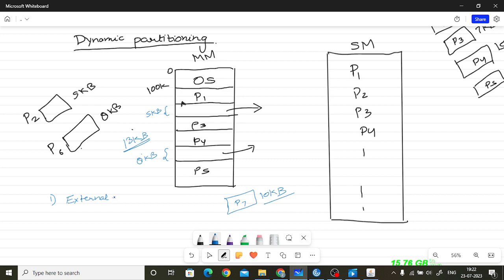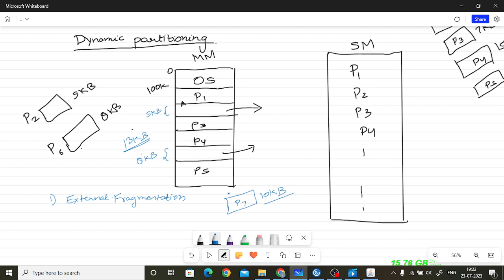So what is external fragmentation? I have just explained. External fragmentation is a condition in which we have that much free space in our main memory, and a process of size less than that free space is there, and we have to accommodate that process, but we can't.